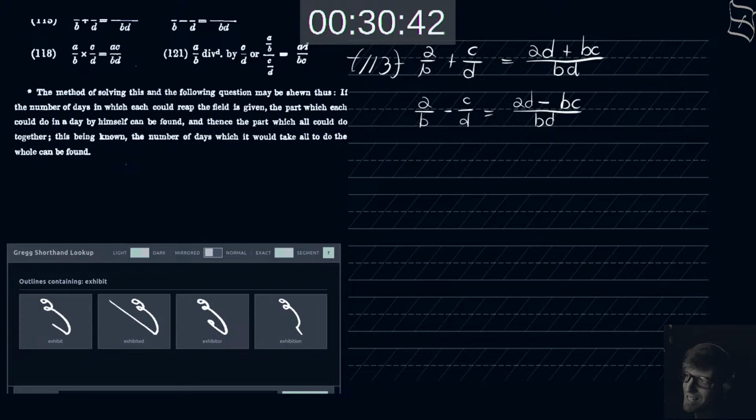Let's go back to 118 below. 118 states that A over B times C over D is the equivalent to AC over BD.